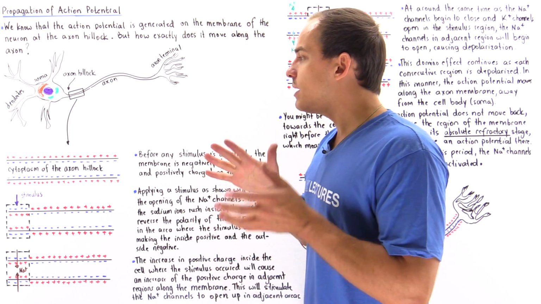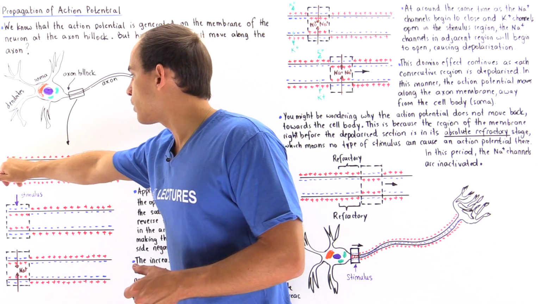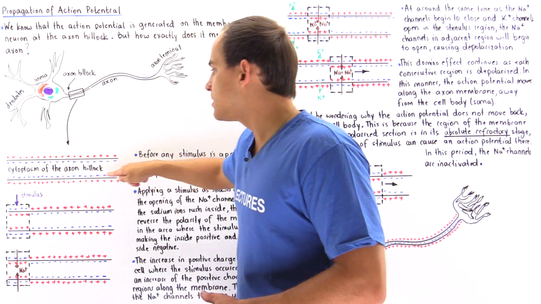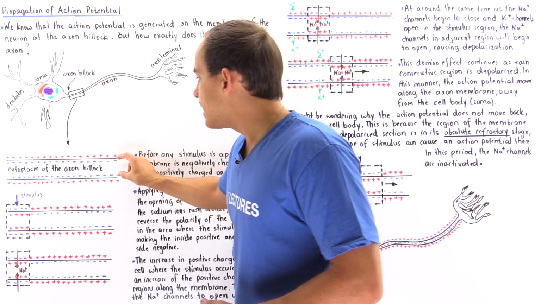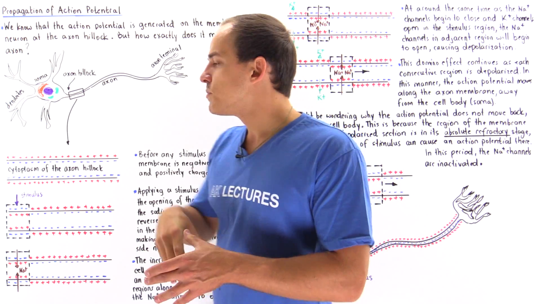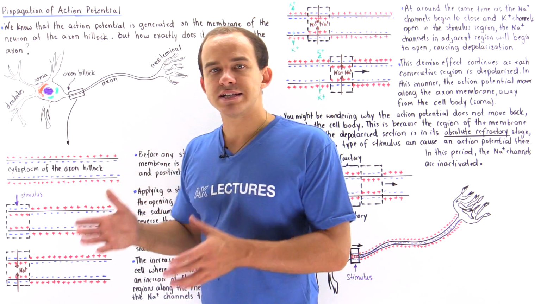So before we apply our stimulus, the inner portion of the cell membrane, so this is one cell membrane on this side, and this is the other cell membrane on the other side, and this is our cytoplasm of the axon hillock. Before we apply our stimulus, our cell membrane is resting.